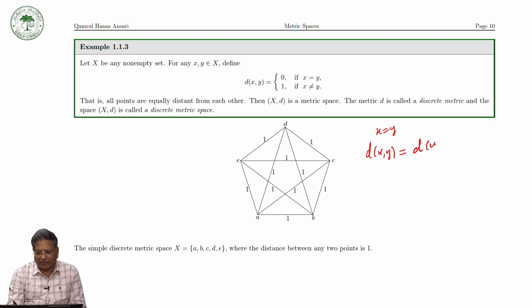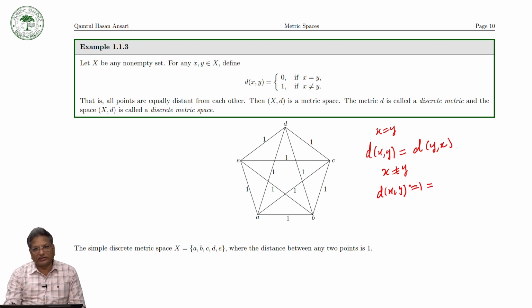So symmetry holds. If x is not equal to y, then d(x,y) is equal to 1, and it is the same as d(y,x), where x is not equal to y, whose distance is also 1. So it means that the symmetry holds.